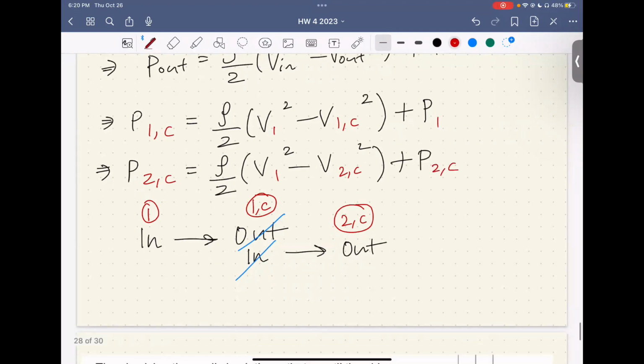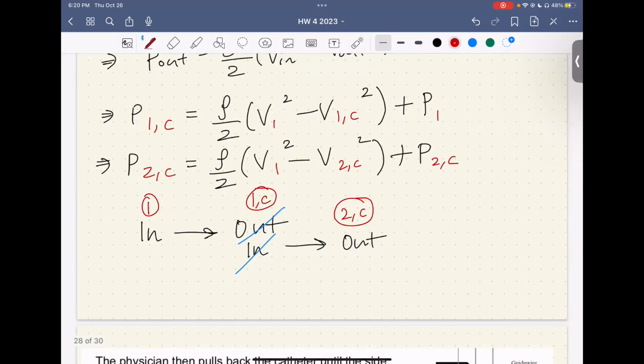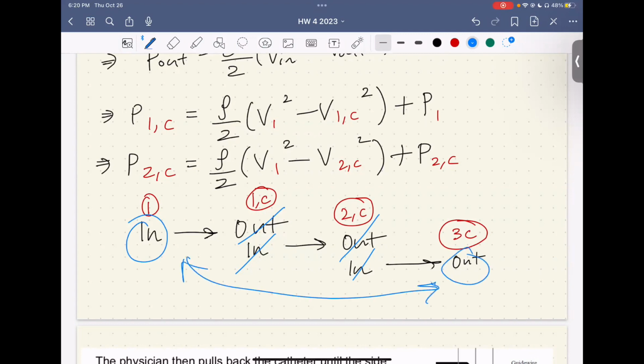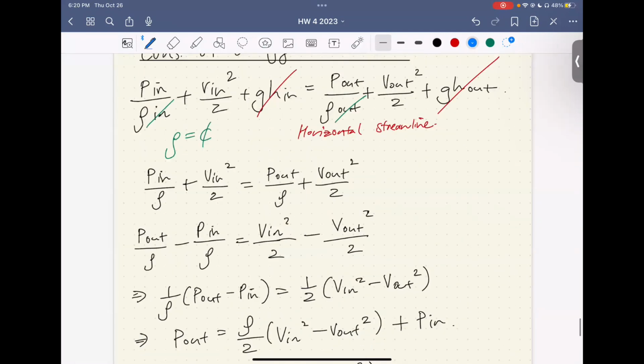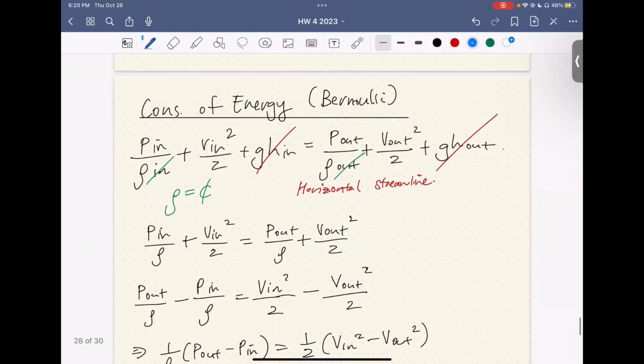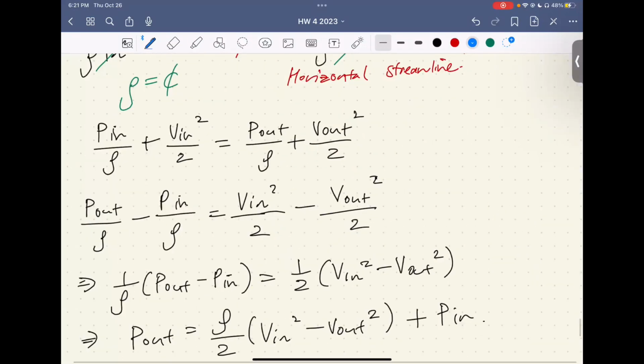Okay? And we can do the same thing for 3C, right? Because 2C is going to be an inlet for 3C, and these two cancel out. They're equal as well, so we can use, again, these two as the relationship. One more way to show this is by saying, in this, we said out, in, right here.